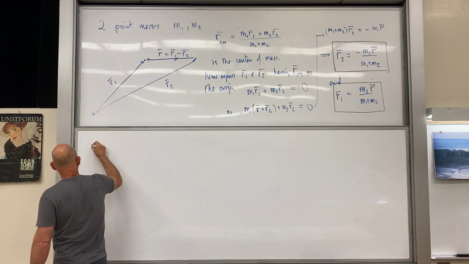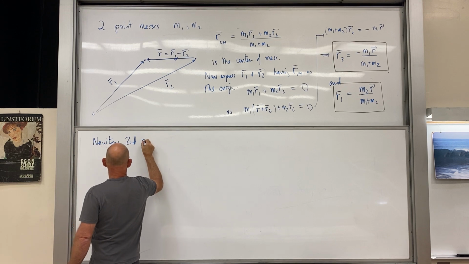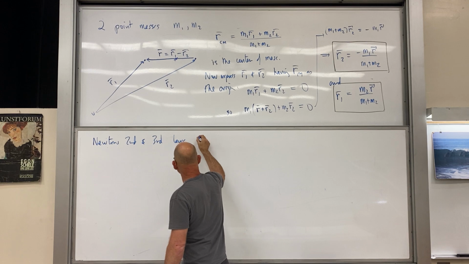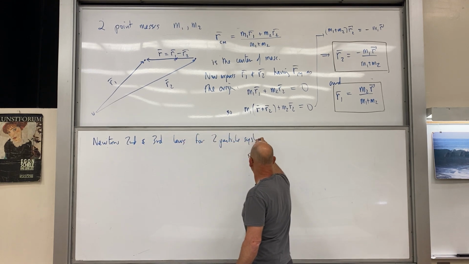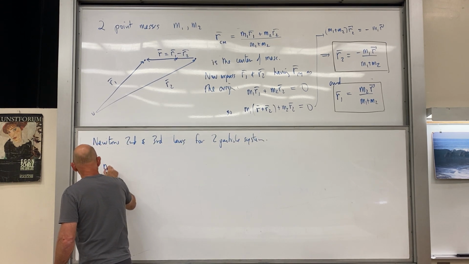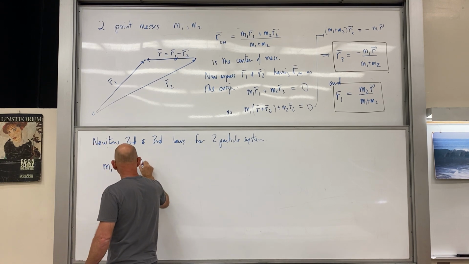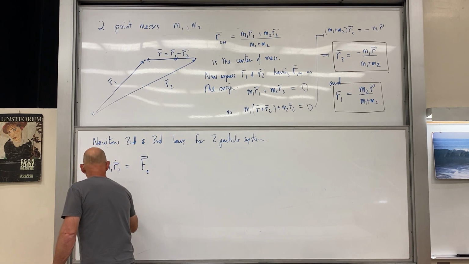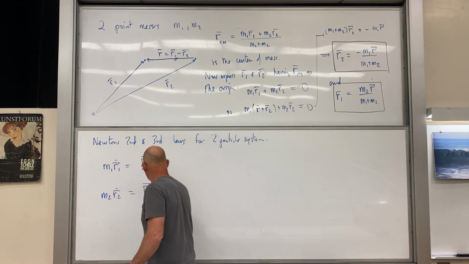So, Newton's second and third laws for the two-particle system. We have, just kind of write them out, m1 r1 second derivative is equal to force on 1, and m2 r2 double dot is equal to F2.